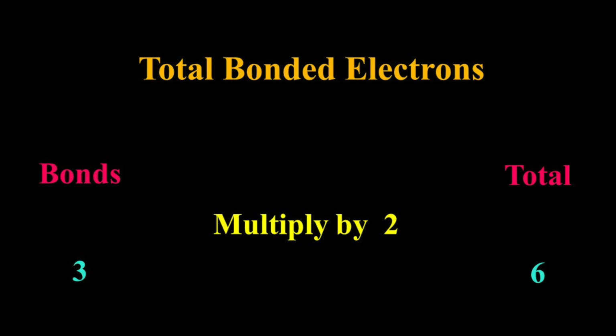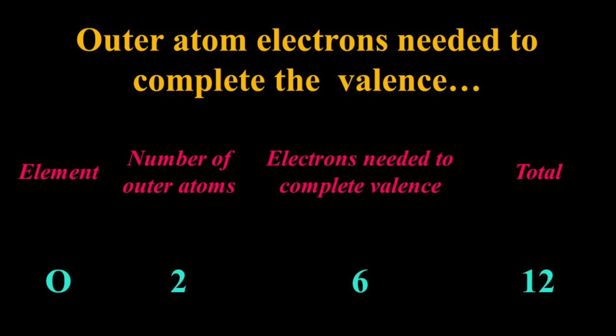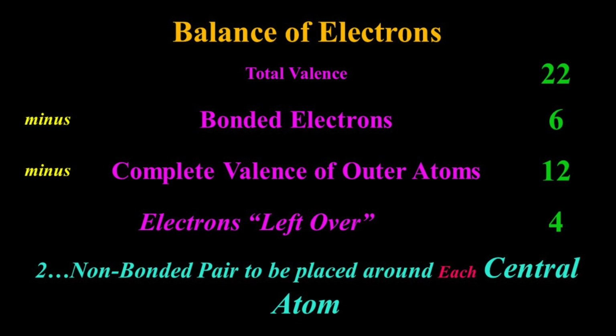That gives us a total of 6 electrons. And we have essentially two outer atoms. So that's going to give us 12 total. So let's see what that does for us in terms of the math. All right, that gives you 4 left over.